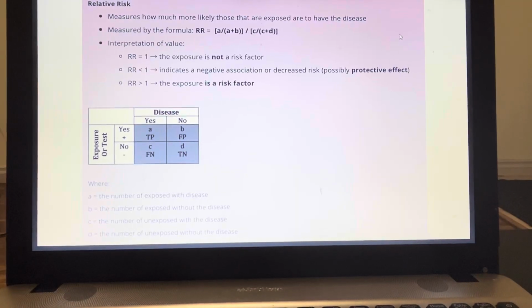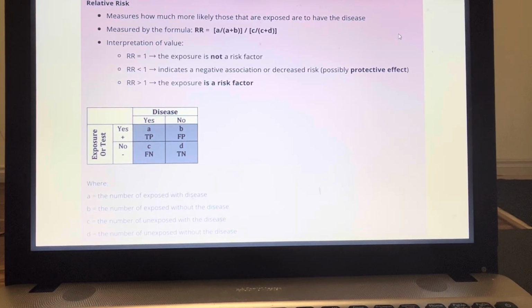So this thing we have to remember, less than 1, more than 1. If the relative risk is equal to 1, then the exposure is not a risk factor. And if it is less than 1, then it is a protective factor. It is a negative association, it is protective. Whereas if RR is more than 1, the exposure is the risk factor.